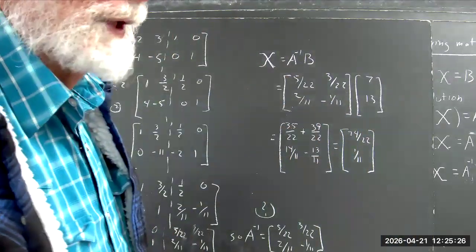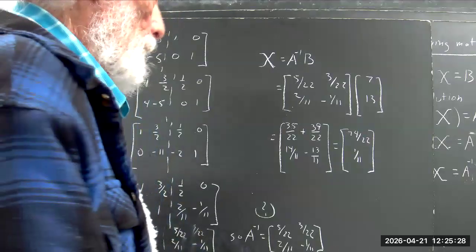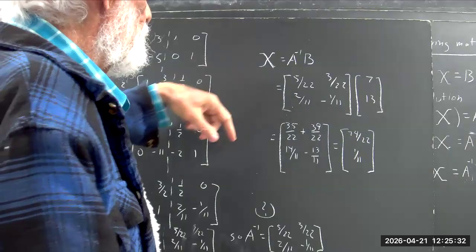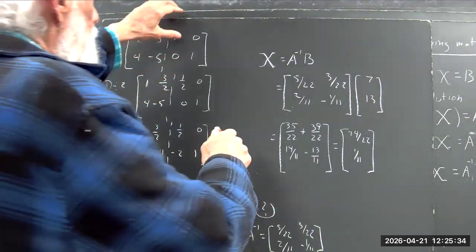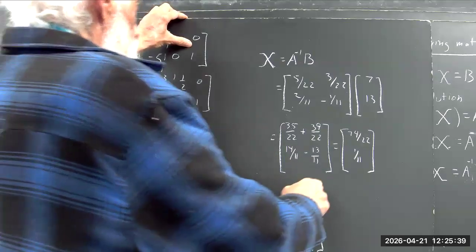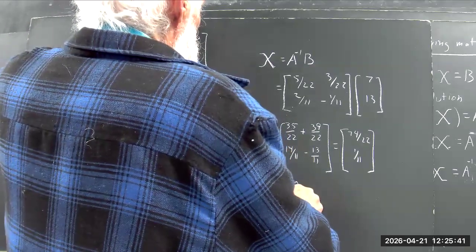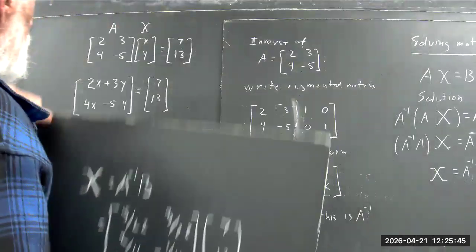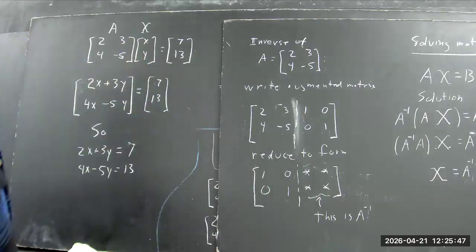Now, I've done all that without checking anything. I don't trust my arithmetic. I'm not sure that's right. But what's the big X? The big X is my X and Y matrix.